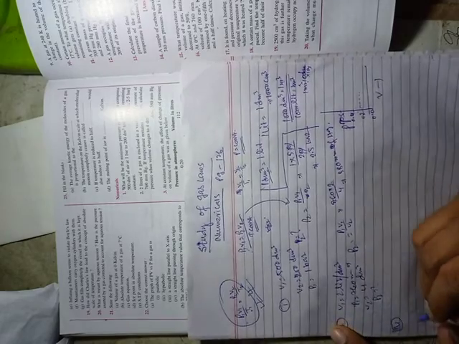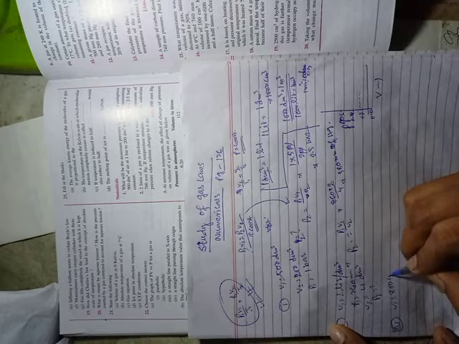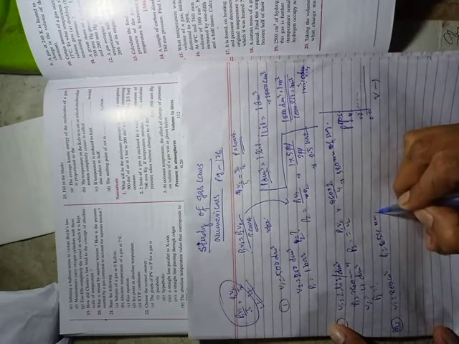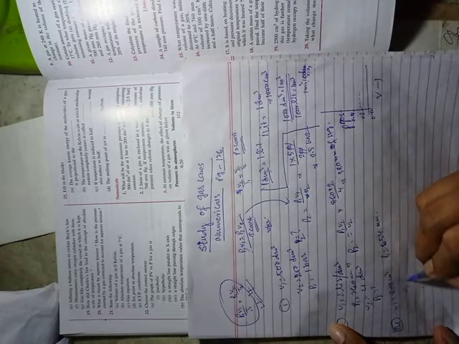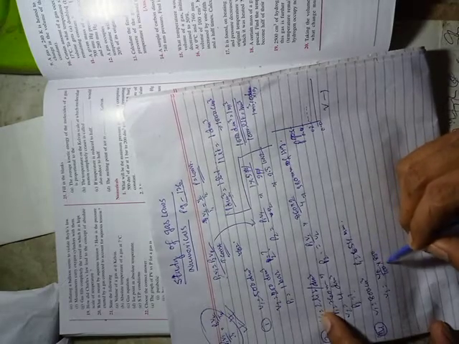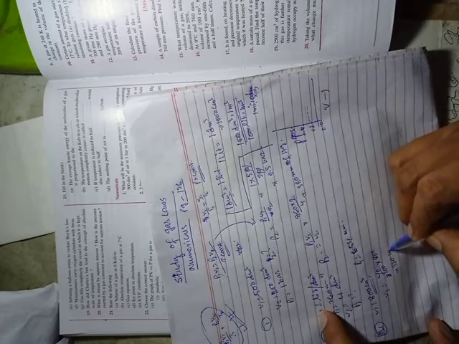Here V1 is given as 800 centimeter cube, P1 is 654 millimeter of Hg, and the volume is reduced by 40% of its original volume. That means 40 by 100 into 800, that is 320 centimeter cube reduced.